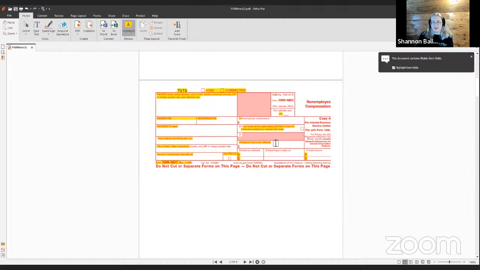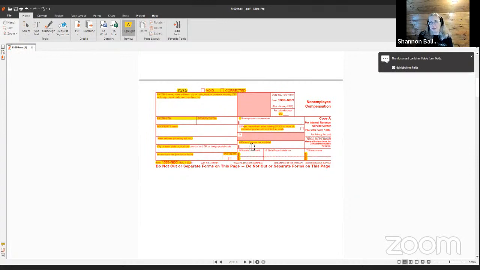Box 3 we don't use, so they have grayed that out. Box 4 is for the federal income tax withheld. Box 5 is for the state income tax withheld, and the state payer's state number and state income. But most of the time, we're not going to be using anything in box 4, 5, 6, or 7 because there's very rarely a time when these are going to be filled out.